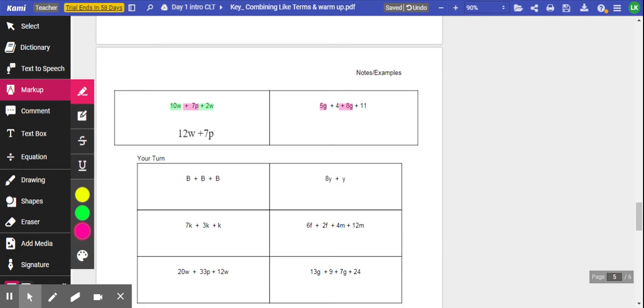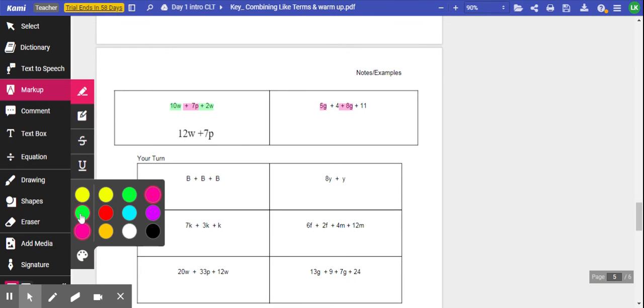A 4 will always be a 4. An 11 will always be an 11. Nothing's going to change about those. Whereas a variable, because the G's, their value is going to change depending on the problem. Those are not constants. Think about if someone's constantly talking. That means they're always doing it without stop. So the 4 is always going to be a 4 without stopping. Never going to be anything else.